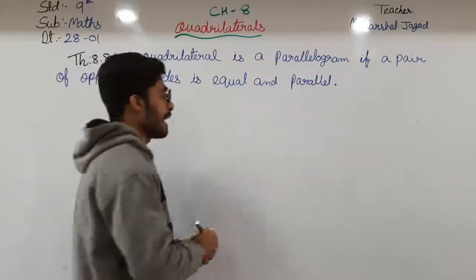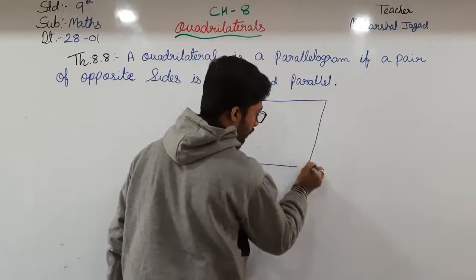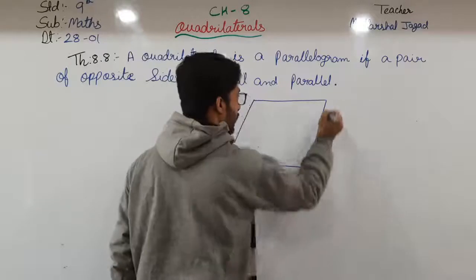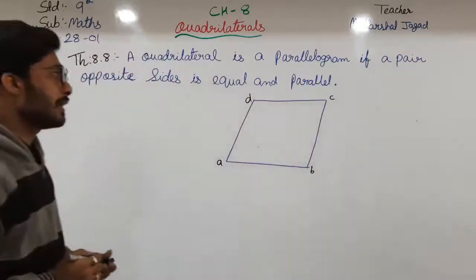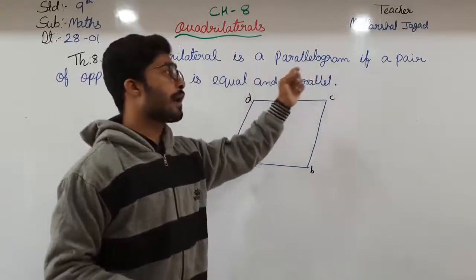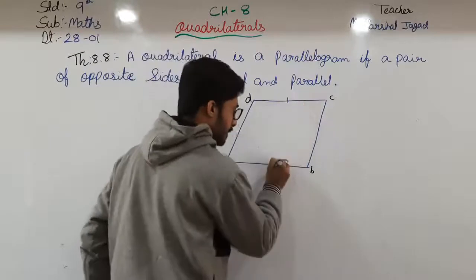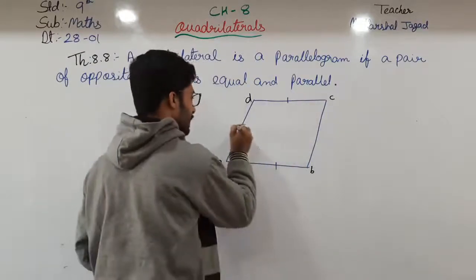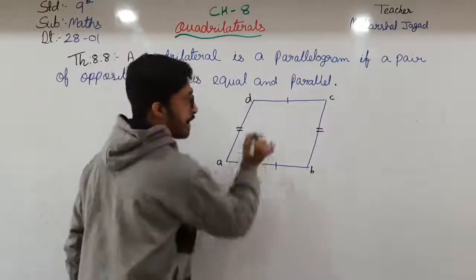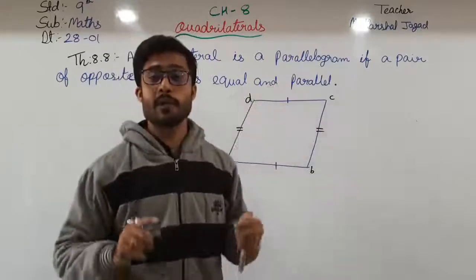Means they are telling that if we draw a quadrilateral, and I give names A, B, C and D, then a quadrilateral is a parallelogram if a pair of opposite sides are equal, means the length of this and this is equal, and they are parallel to each other.